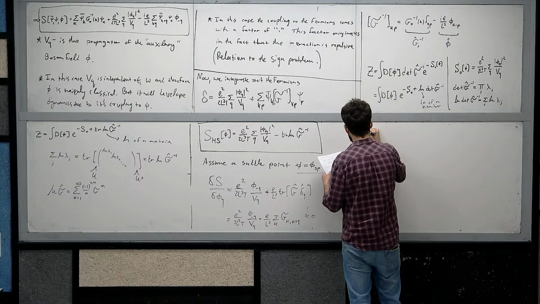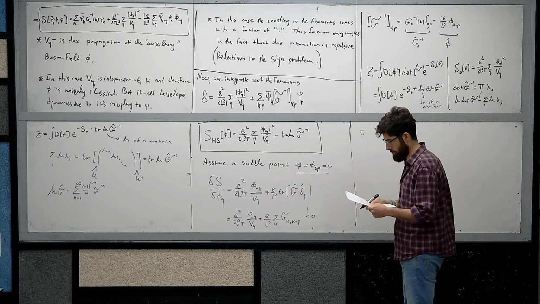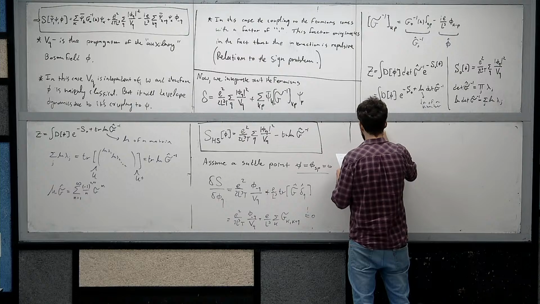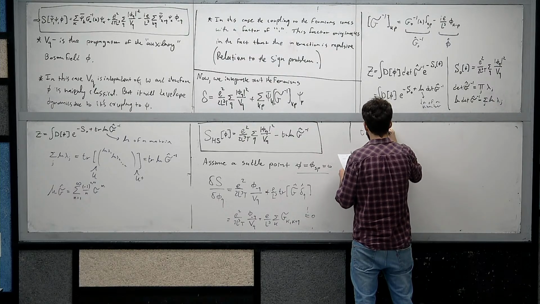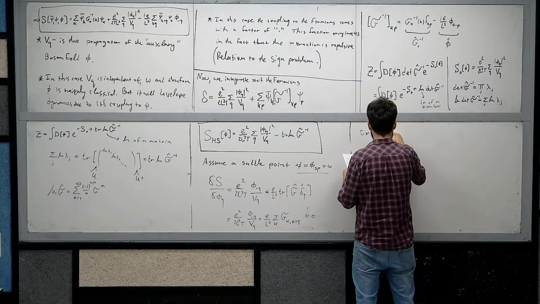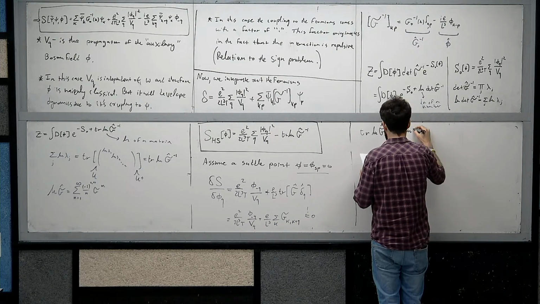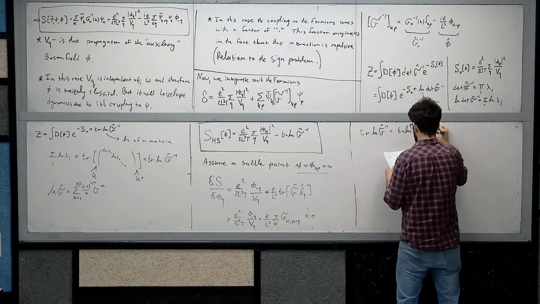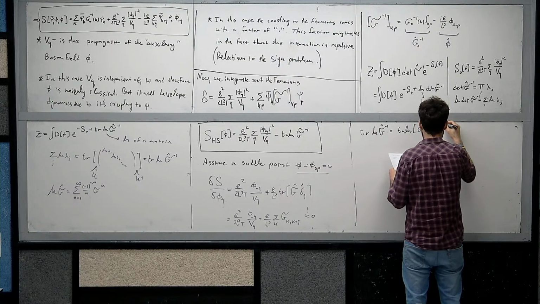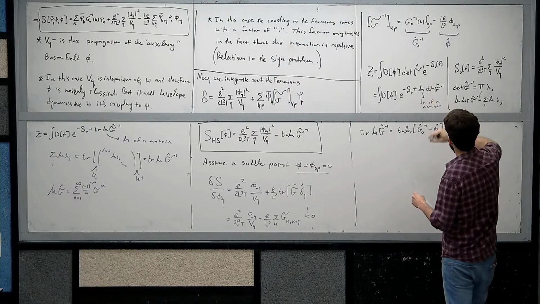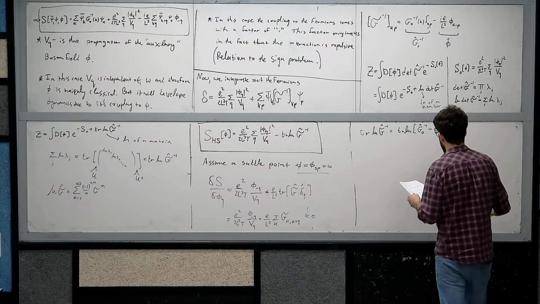So now I want to expand around this saddle point. To expand around the saddle point, I write formally this thing is equal to trace ln of g naught to the minus 1 minus phi. I'm just plugging in that definition up there.